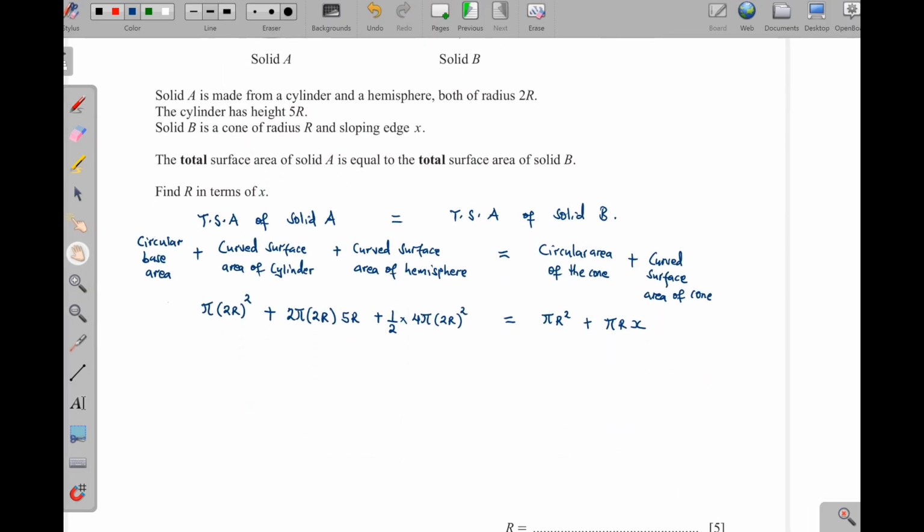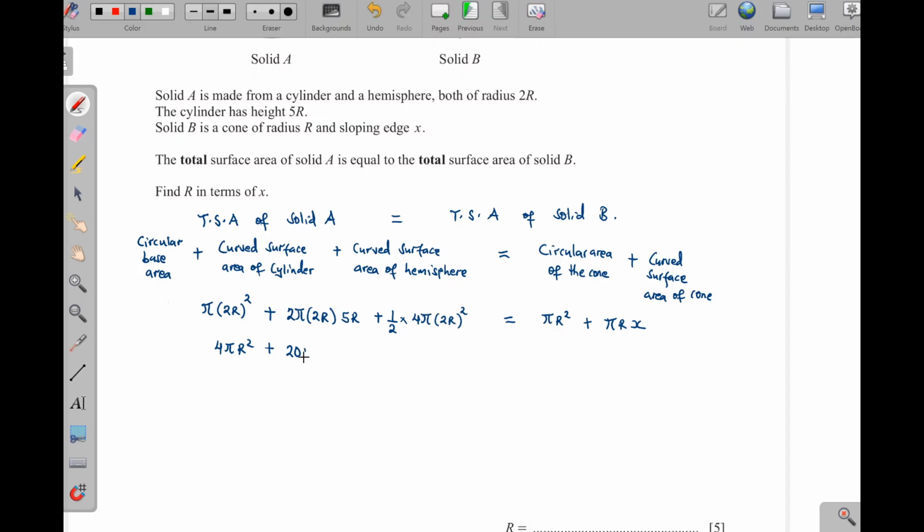So they said find r in terms of x. Now let us simplify. This one will be 4r squared. So 4 pi r squared. And then r times r, that is r squared. So here we have 2 times 5, that is a 10, times 2, that is 20.